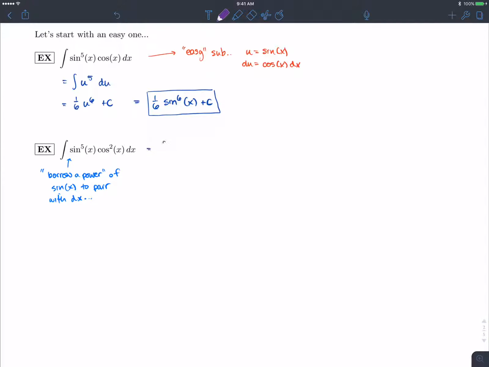All right, so let's see what this would look like if we tried to do that. We've got the integral of sine to the power of 4x times sine of x. So I've peeled off one of those factors of sine, and then we've got cosine squared dx. And I'm going to now write this as the integral of sine to the power of 4 of x cosine squared of x, and I'm going to bring that sine with our dx.